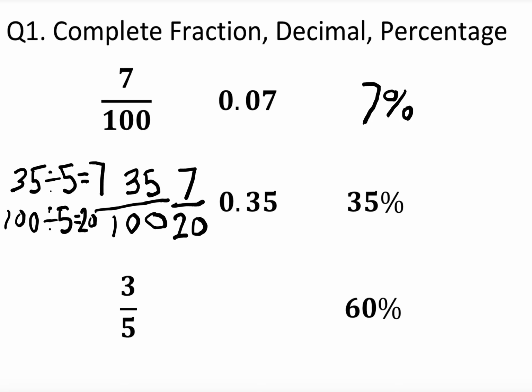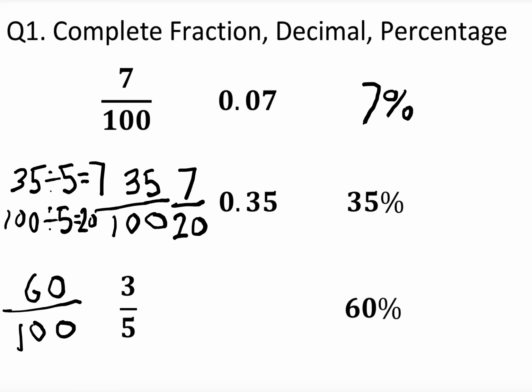So the bottom line, we got 3/5 as a fraction, we got 60% as a percentage, and we need to find the decimal. So the decimal really is, 60% is the same as 60/100, so we'll write down here 60/100.